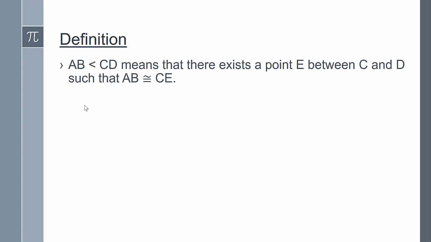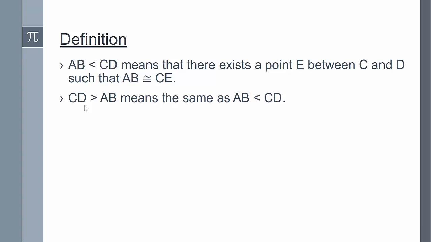Before we prove some more propositions, let's look at the following definition. The notation segment AB less than segment CD means that there exists a point E between C and D such that AB is congruent to CE.